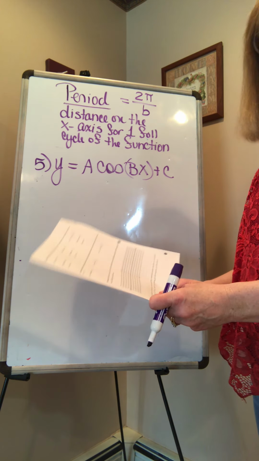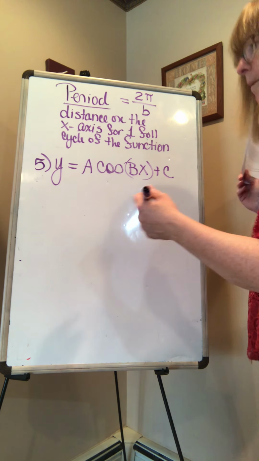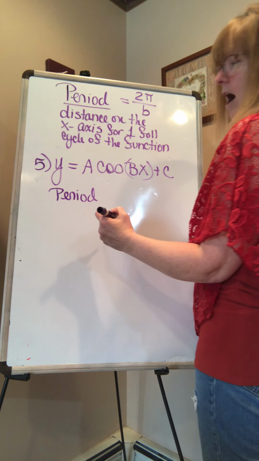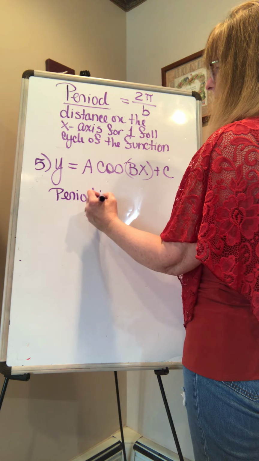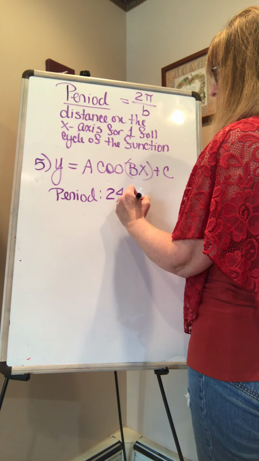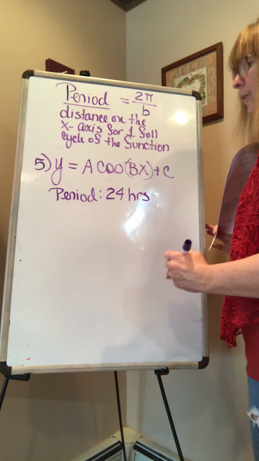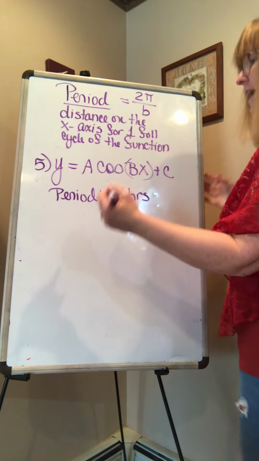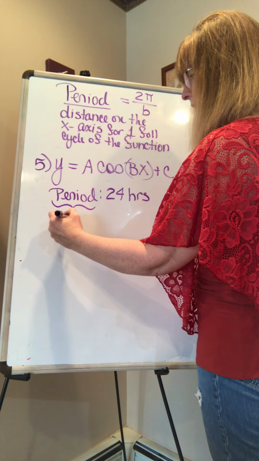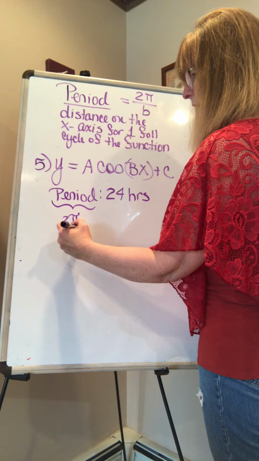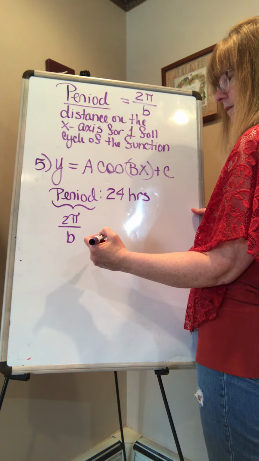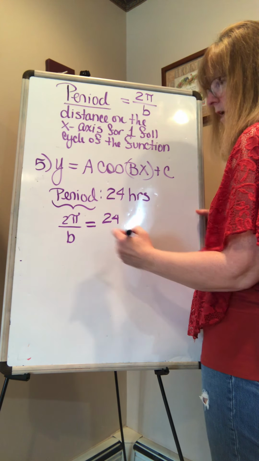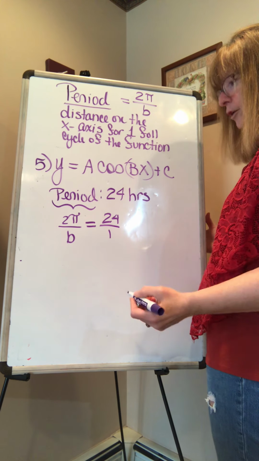your high tide is separated by 24 hours. So that means the period of time it takes for high tide to high tide is 24 hours. Well, we got to find the B, because that's what they want. They want the frequency. Well, if I take period, which is 2 pi over B, and I know that this equals 24 hours, I can put this 24 over 1 and I can make a proportion.